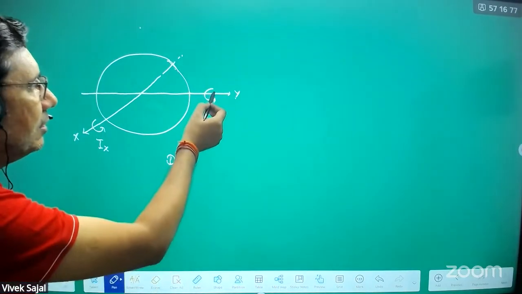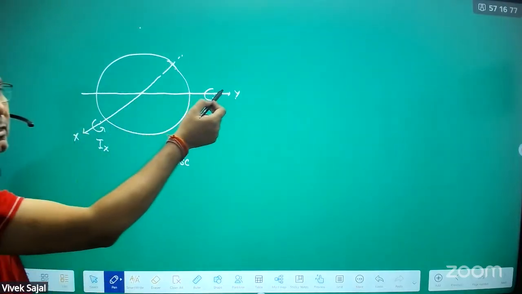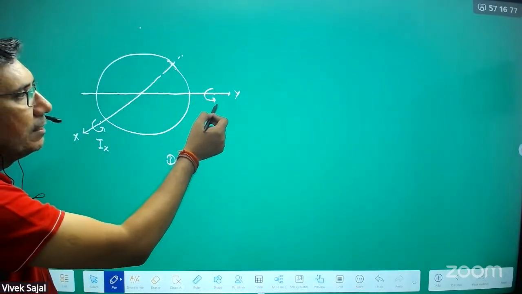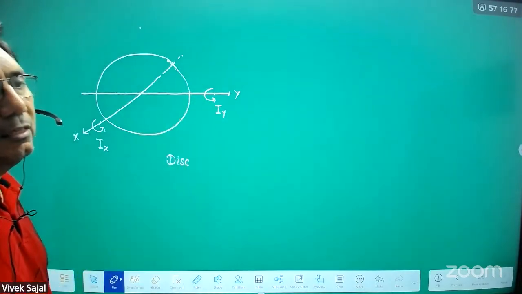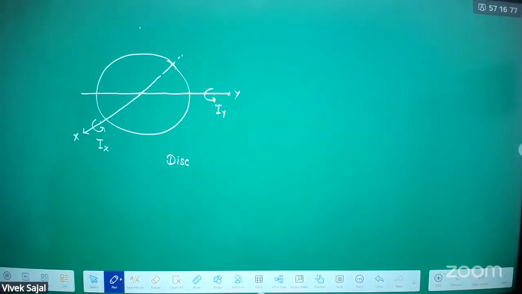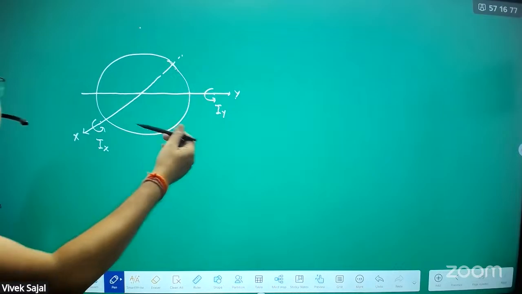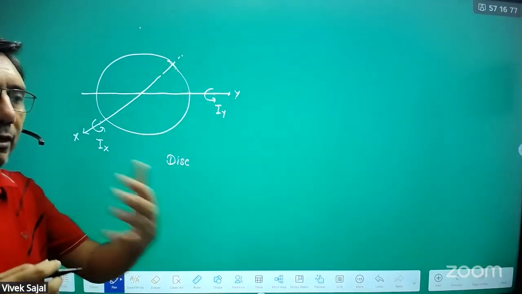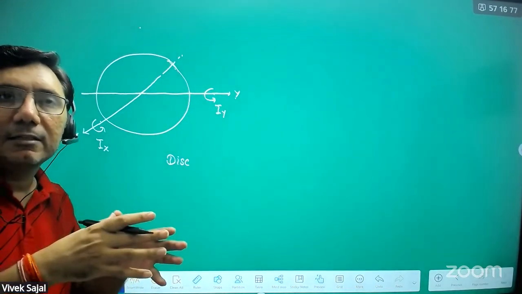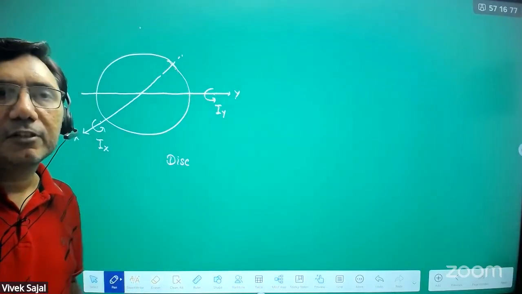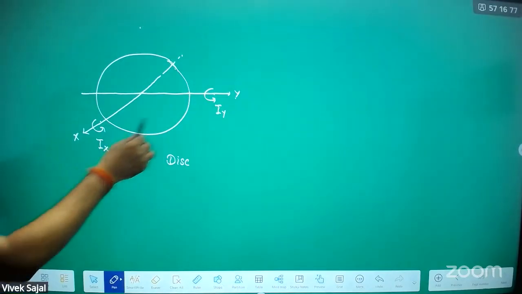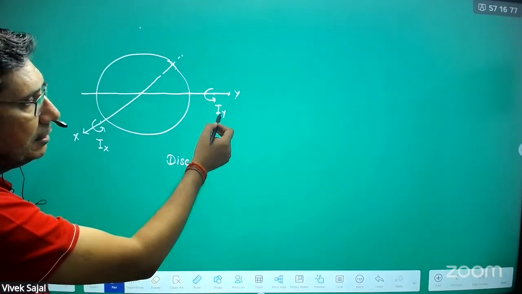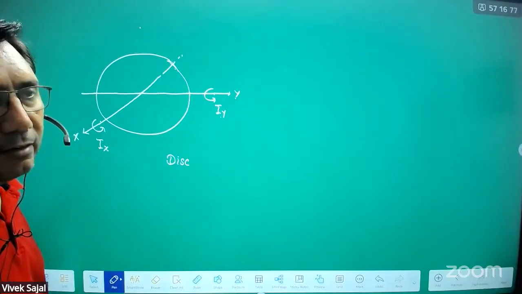So the moment of inertia about the x-axis and y-axis will be the same, because they form an identical 3D structure, a sphere. Due to symmetry, Ix and Iy will be equal.